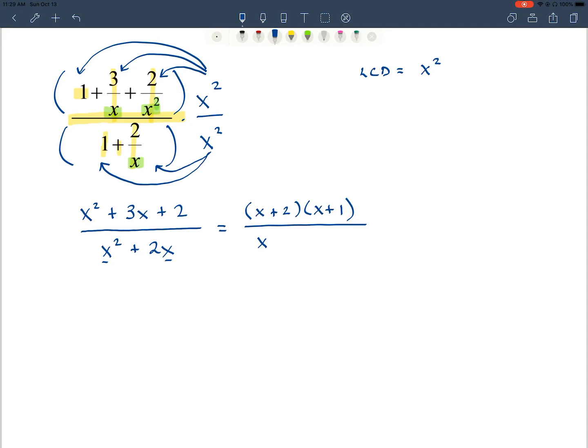So if we factor out that x, we'll have x times the quantity of x plus 2. And now we can see that the quantity of x plus 2 is a factor in both the numerator and the denominator, so they will cancel out and leave us with x plus 1 over x. And that will be our simplified fraction.